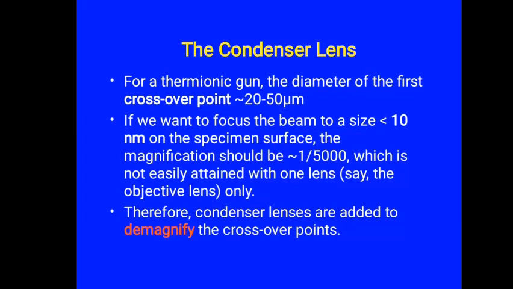So the condenser lenses are added to demagnify the crossover point. The condenser lens is used to focus the electron beam at the contacting surface of the sample.